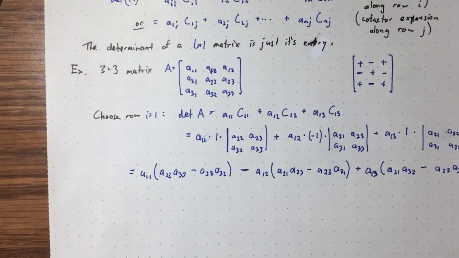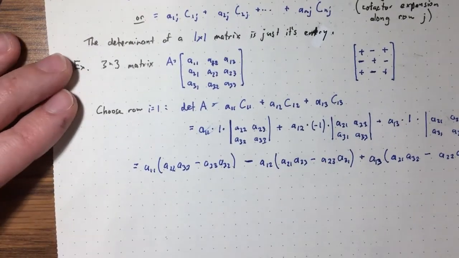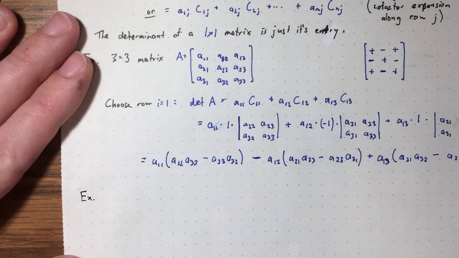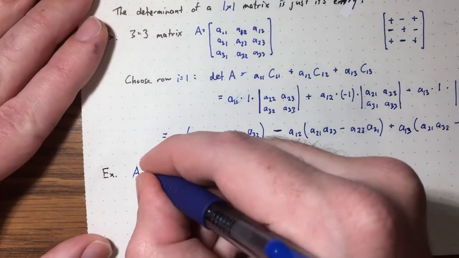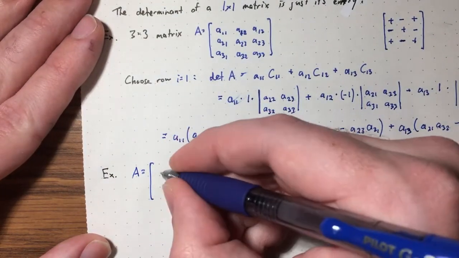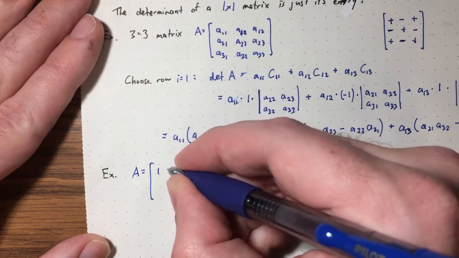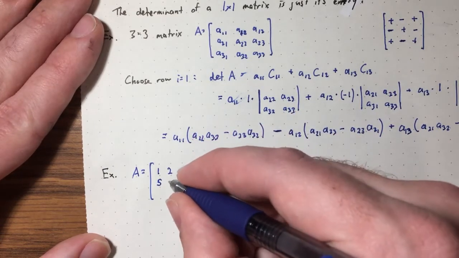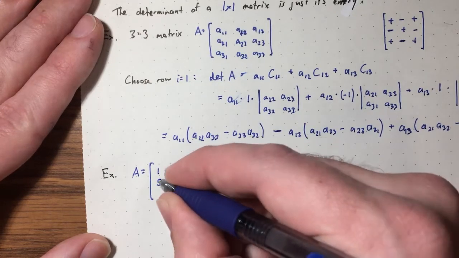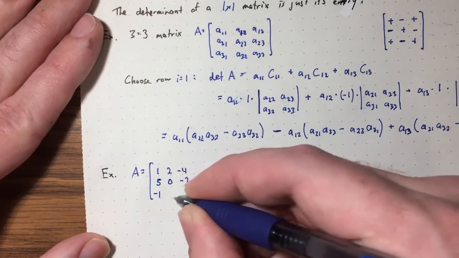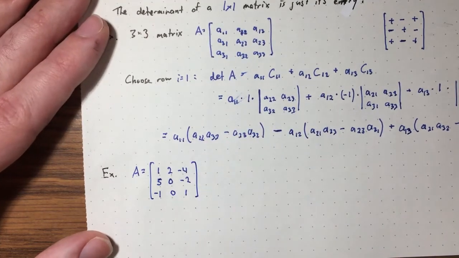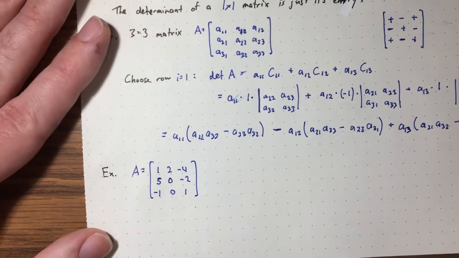Okay, so I promised an example with numbers, right? So let's put some numbers to this. Let's suppose we have the following matrix: 1, 2, -4, 5, 0, -2, -1, 0, 1. Okay.